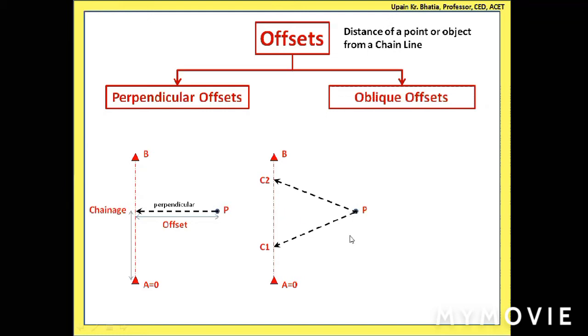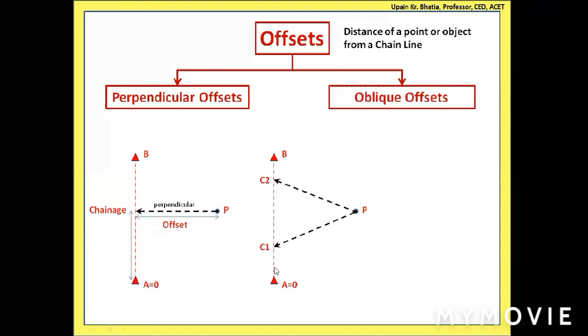And in chain surveying, I told you that you will be measuring only linear dimensions and not the angular dimensions. If you are not measuring any angle, you have to make do with only the linear observations.